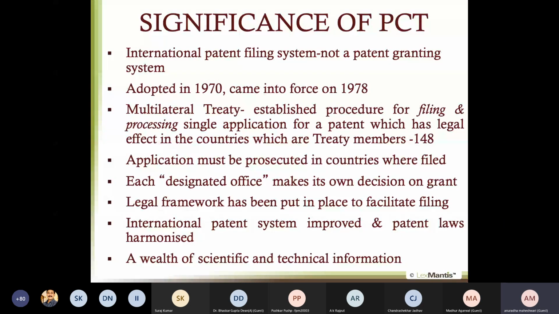You must remember that filing a patent in all the countries is a very tall order, a very expensive process, and only big pharma companies can afford to do that. So generally, people who want to file their patents in other countries do so based on the countries in which they are exporting their products, countries where there is a demand for their products, or where their licensees are. Those are the countries where you will seek a patent.